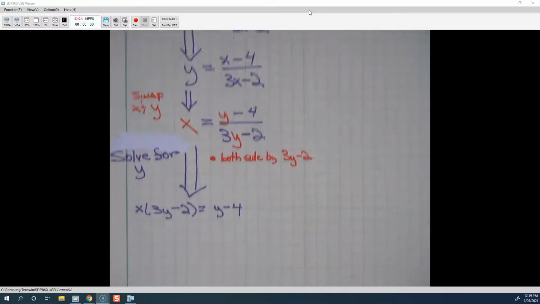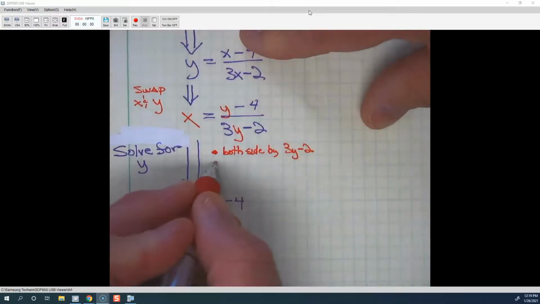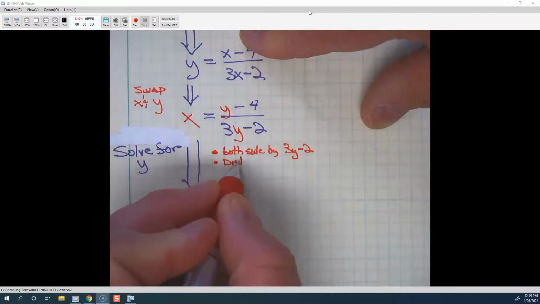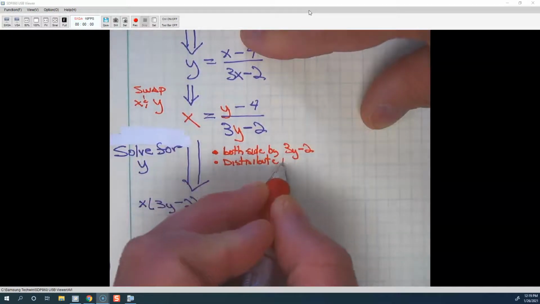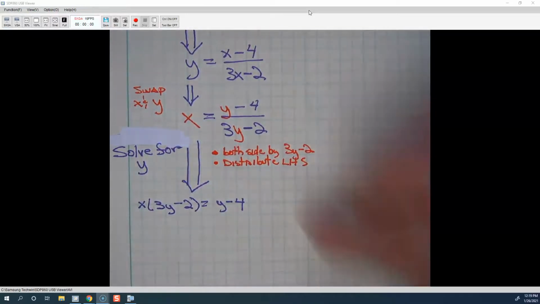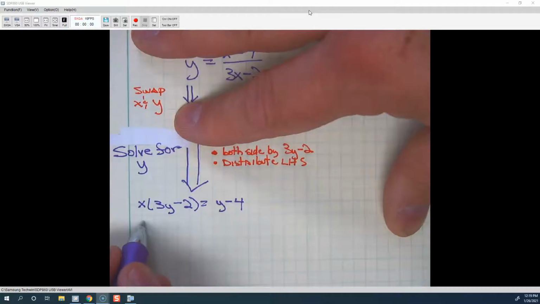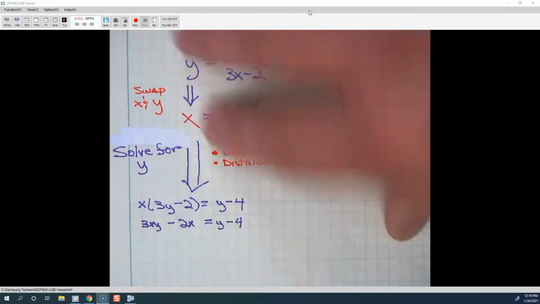All right, now we'll distribute on the left hand side. Okay, so I'm going to get 3xy minus 2x equals y minus 4.